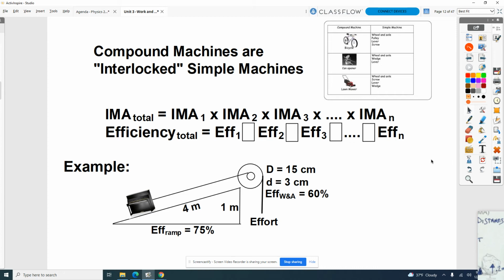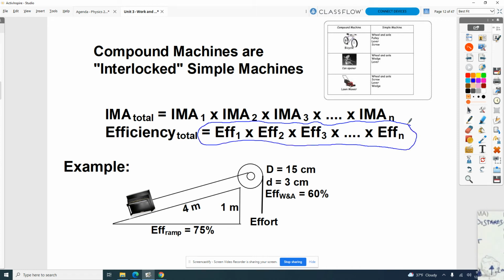Problem, though, is that efficiency is also a multiplier. And since the efficiency is always less than 1, the more machines that we interlock, the less efficient becomes the entire machine. And since these numbers are always less than 1, we would say that the machine that is the least efficient is going to have a pretty large impact on the overall efficiency of that interlocked machine.